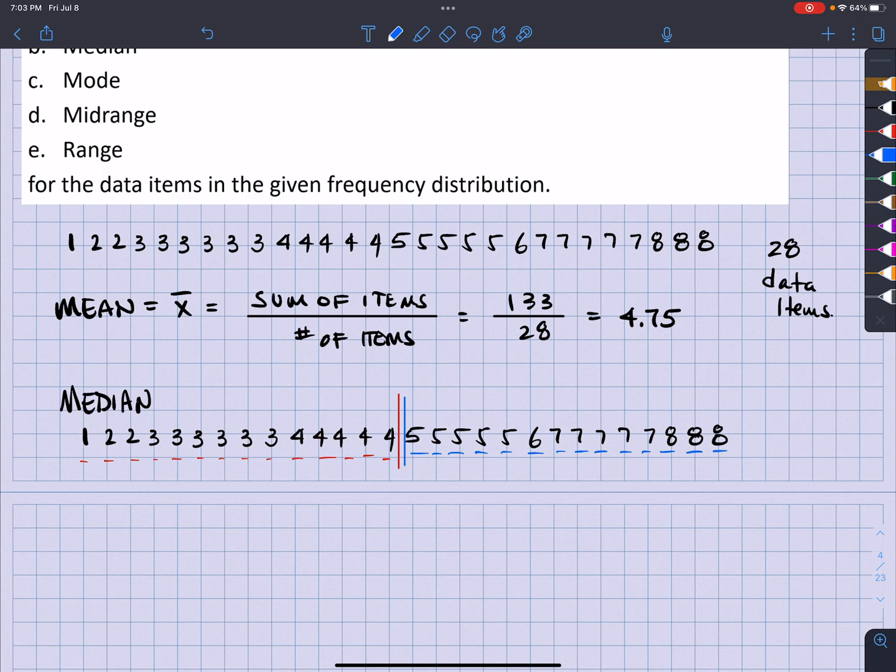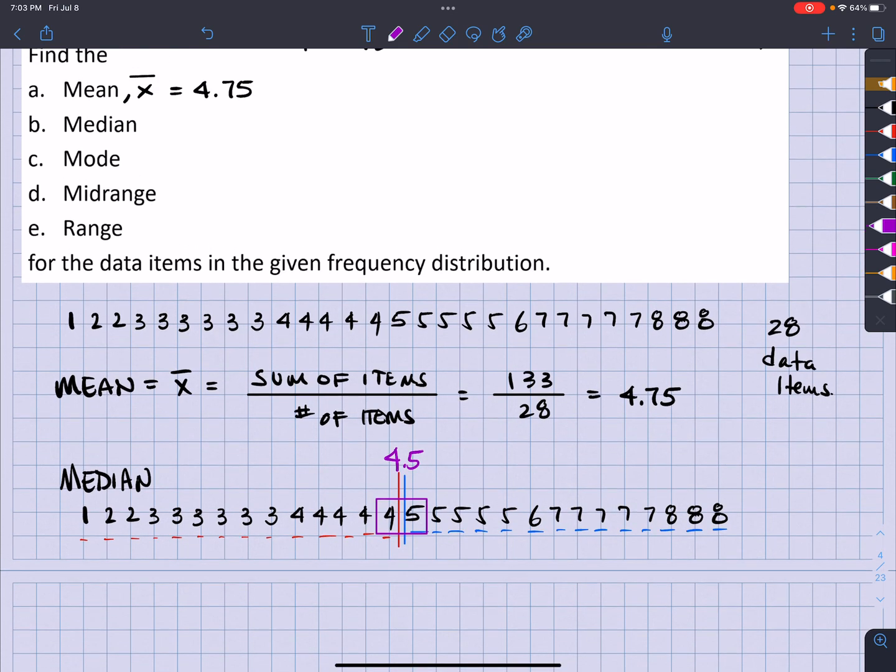And when that is the case, what you're going to have to do is take the average of these two numbers, and the average of 4 and 5 is 4.5. What's between 4 and 5? 4.5. So my median is going to be 4.5.